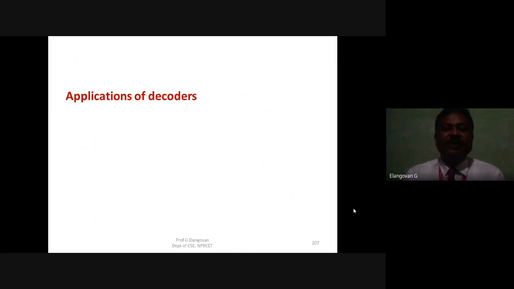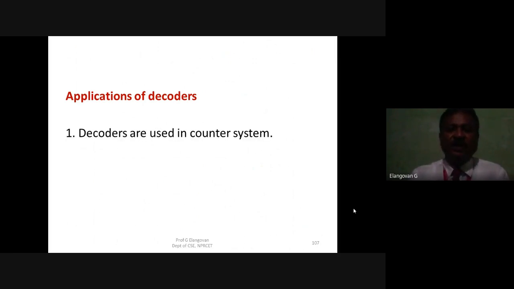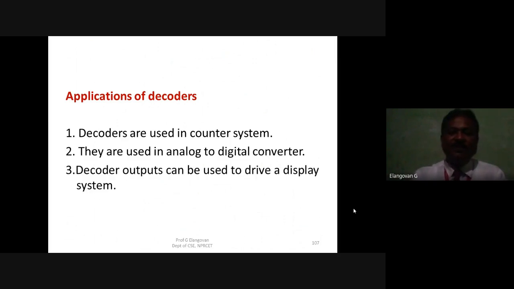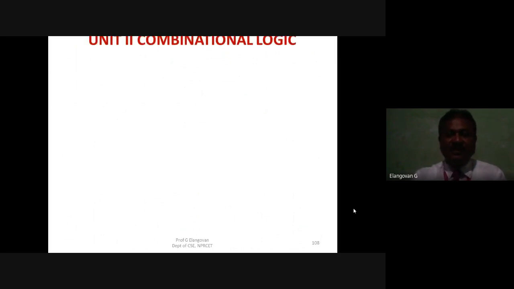And if you are looking at the applications of decoders, where we are using decoders, they can be used in counter systems, and also in analog to digital converters, and they are used to drive display systems.